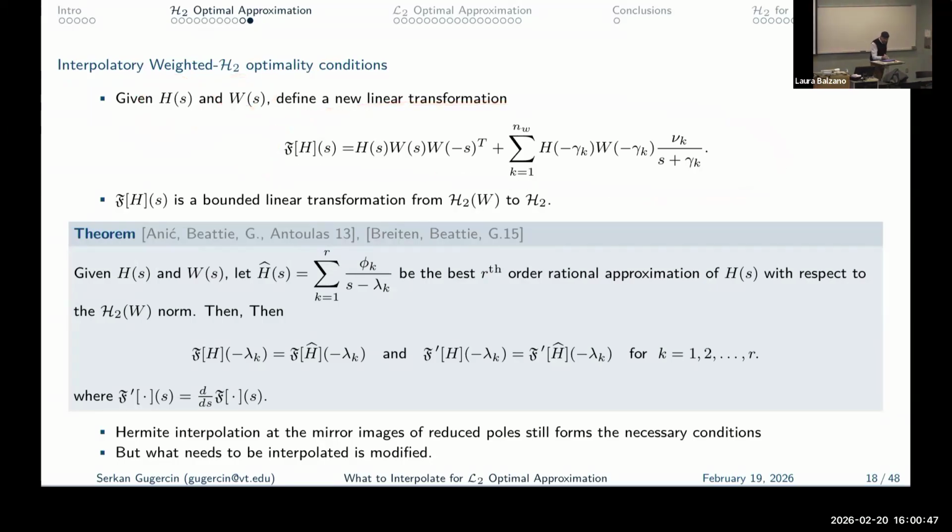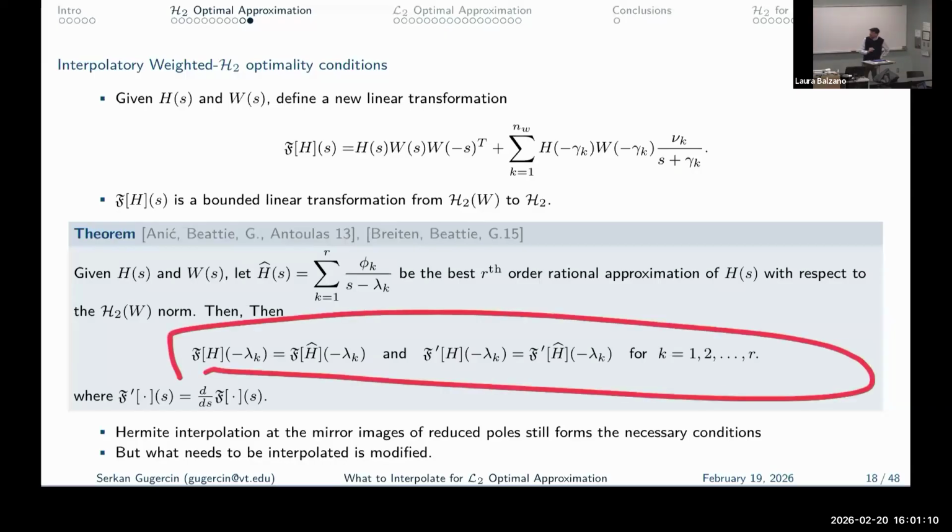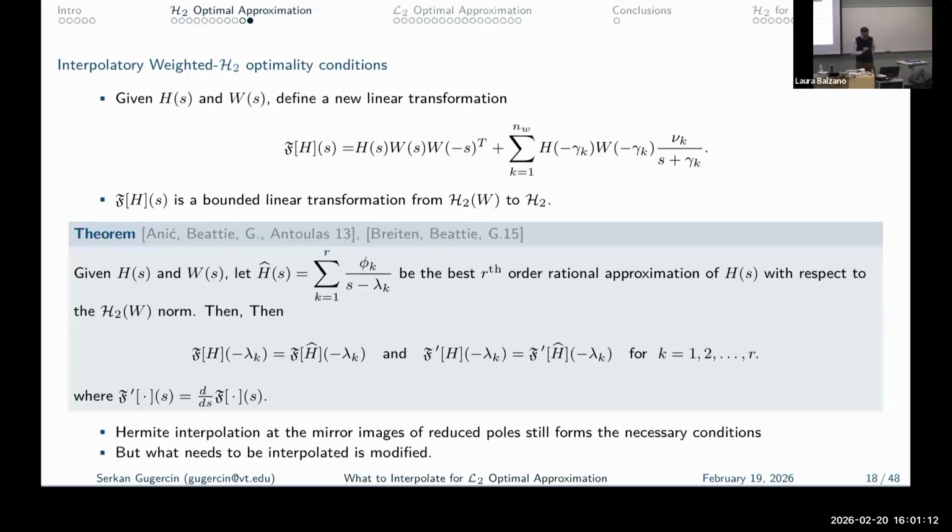Okay? This is really a bounded linear transformation from weighted H2 space to H2 space. You can write that down. And then what we show is that given the full model and the weight, if this H hat is the best degree r rational approximation in the weighted H2 norm, then you still need to do Hermite interpolation at the mirror images.